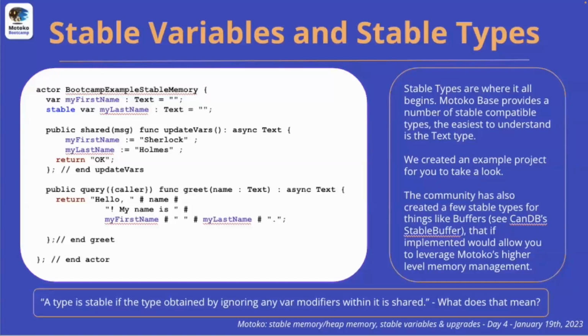By having the stable word before var, it will tell Motoko that I want this to be stable. And again, what it will do is during an upgrade, it will store that data inside of stable memory. And both of those are set to nothing at the very beginning when the actor initiates.